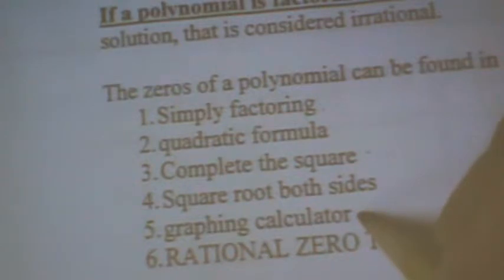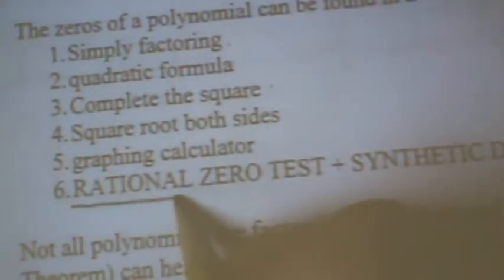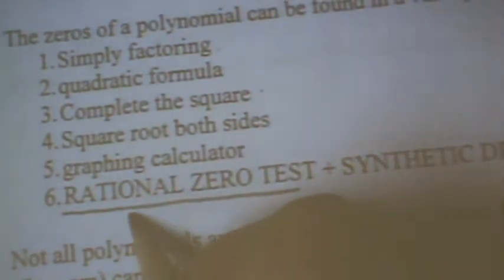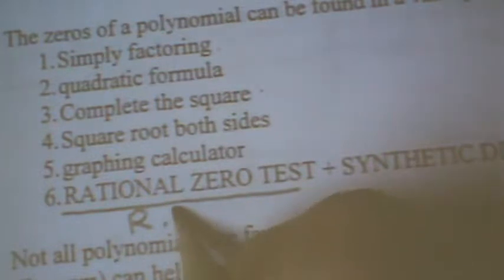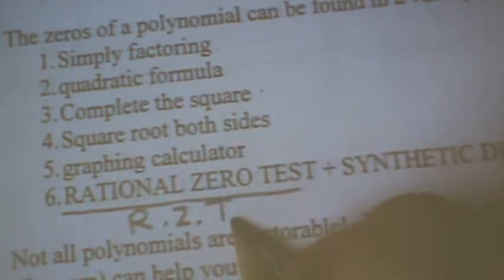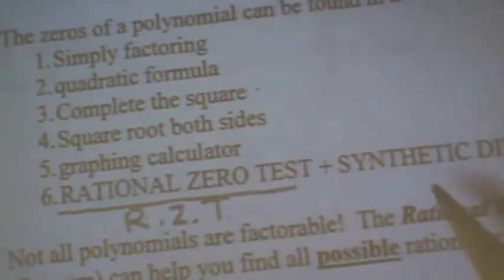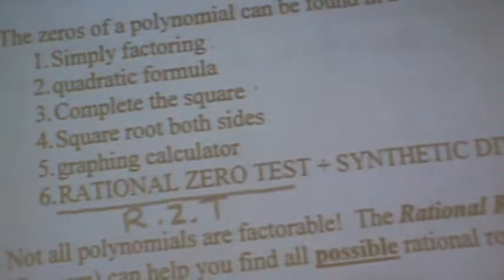You may even want to use a graphing calculator at times, but this is what we're going to concentrate on today: the rational zero test, sometimes referred to as the RZT. We use synthetic division in combination with the rational zero test in order to find all the zeros, whether they be real or imaginary.